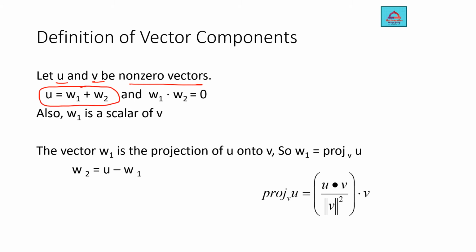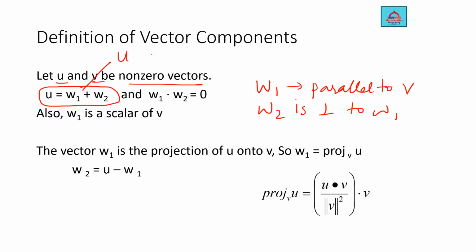You saw in the previous slide that w1 is parallel to v and w2 is perpendicular to w1. These are orthogonal vectors. So you have to write u as the sum of two orthogonal vectors.